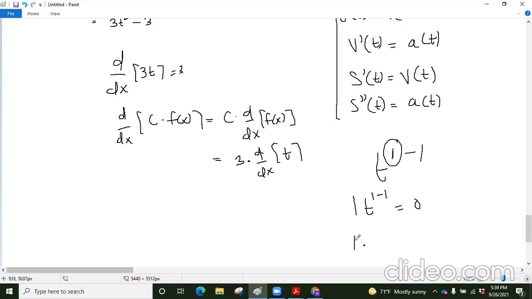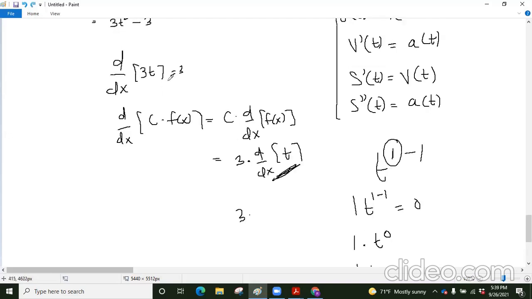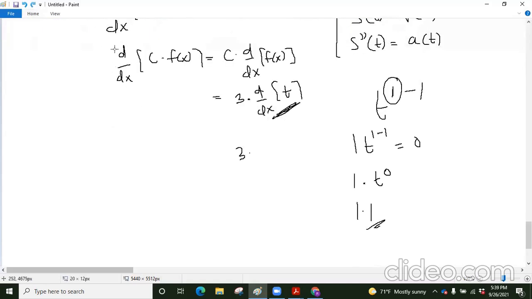So 1 times t to the 0, and we know that anything raised to the 0 power is just 1, so that's just 1 times 1. So if I do 3 times the derivative of t, which is 1, it's just 3 times 1, which is why I said that the derivative of 3t is just 3.